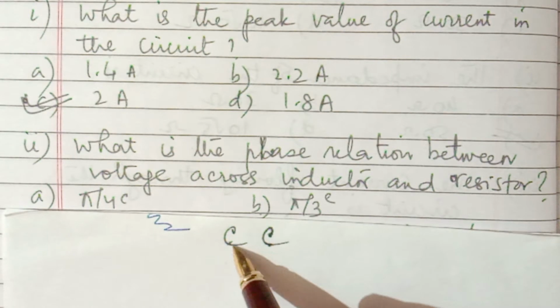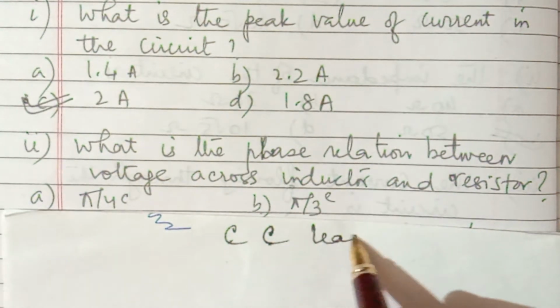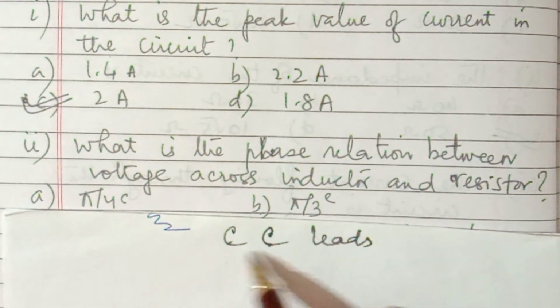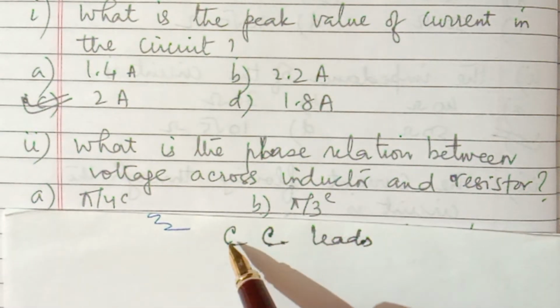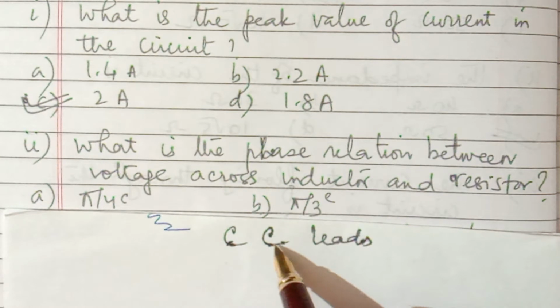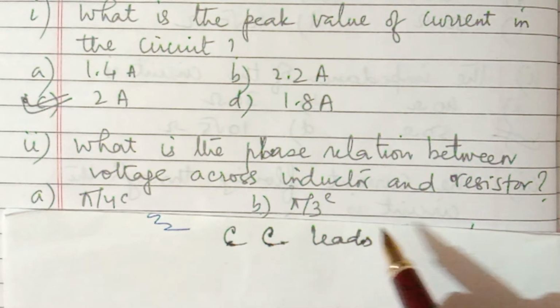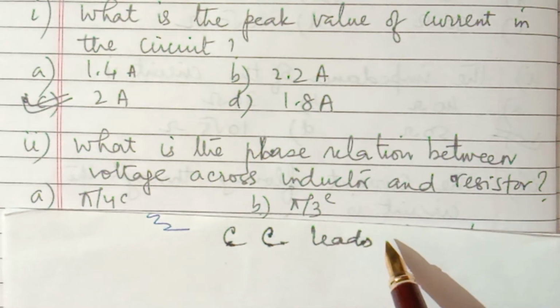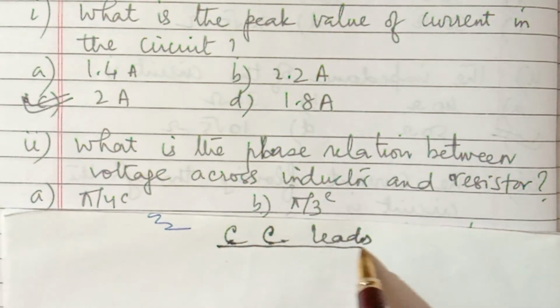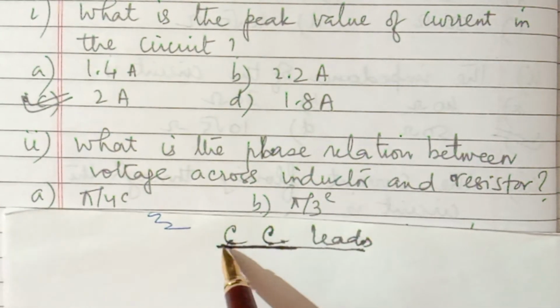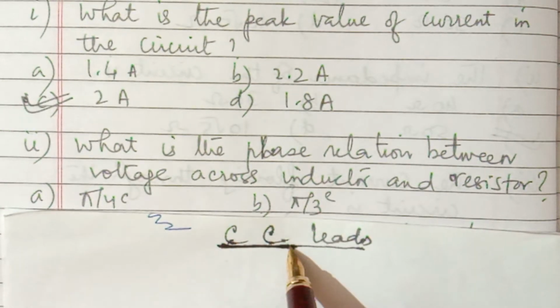C leads, and in Hindi you can remember: capacitor C आगे, means in a capacitor current leads the voltage by 90 degree. C in capacitor current आगे रहता है.